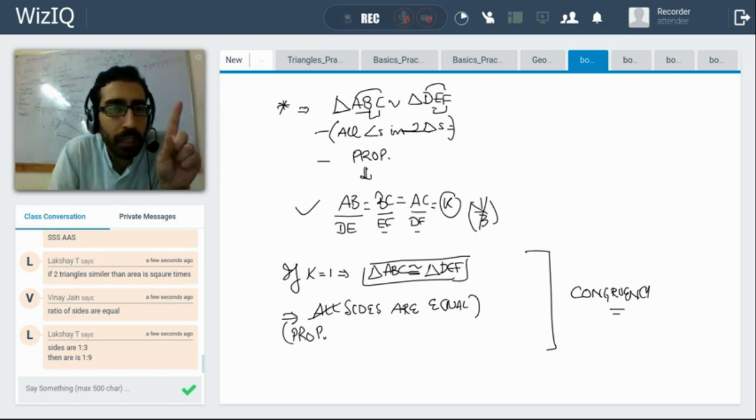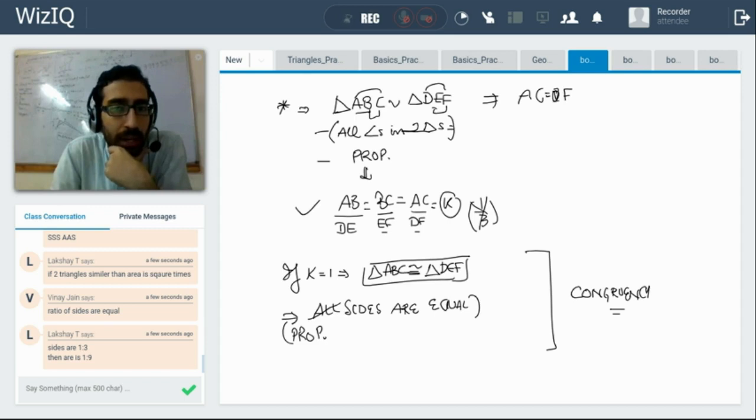And what does that mean? Say if I had triangle ABC similar to triangle DEF, if I could only somehow prove that one pair of proportional sides, say AC, if I can only prove that AC is equal to DF, then my job is done.